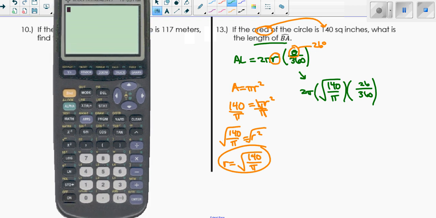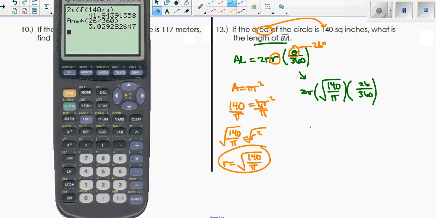The circumference is 2 pi r, so the circumference is 2 pi times my radius. If that's my circumference, then I obviously need to be smaller than that, which is why I'm multiplying this by 26 out of 360. And you can see 3 is definitely less than 41.